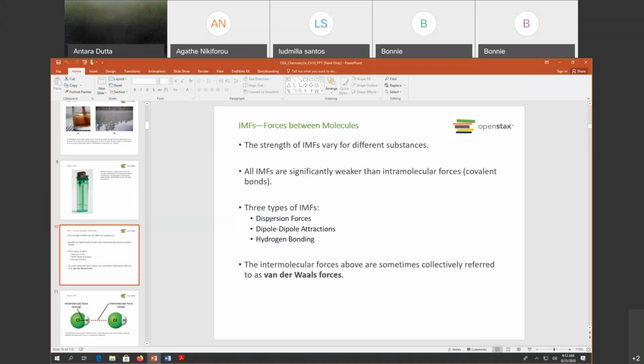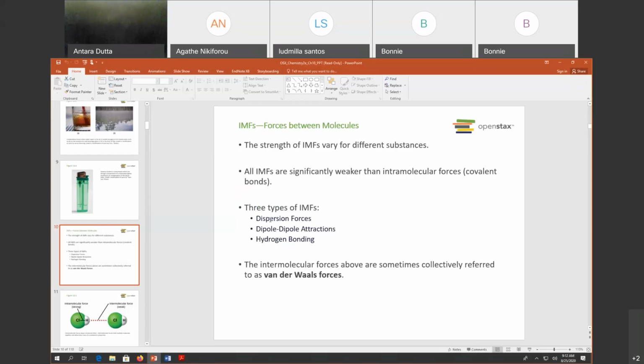So let me draw this. This is one H2 molecule. This is the electron cloud. You know that valence electrons are shared. And this is another H2. What kind of intermolecular force do you expect? This hydrogen has electrons and protons in the nucleus.